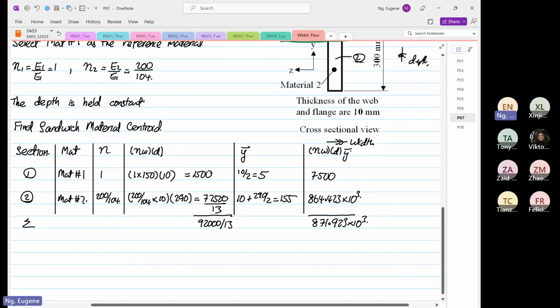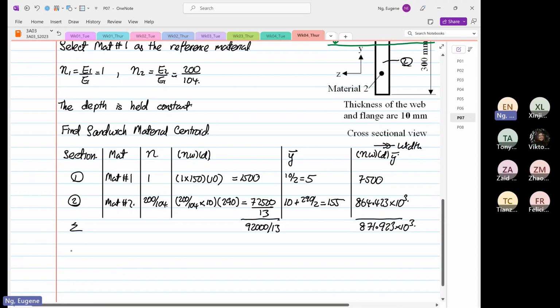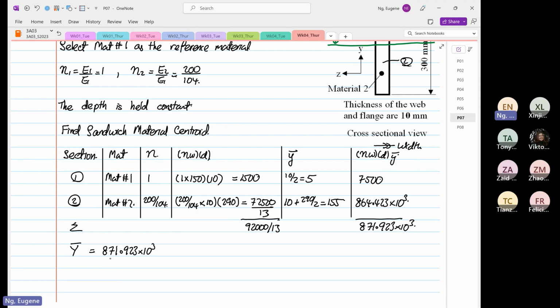So from here, our global centroid for the entire structure is equal to 871.923 times 10 to the power 3 divided by 92000 over 13.